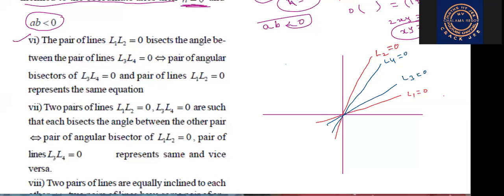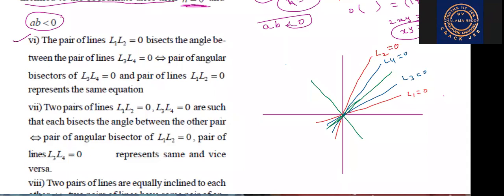Now here draw the pair of angular bisectors. This is one pair of angular bisectors and this is one more. This is the pair of angular bisector equation. Green color lines are the pair of angular bisectors.